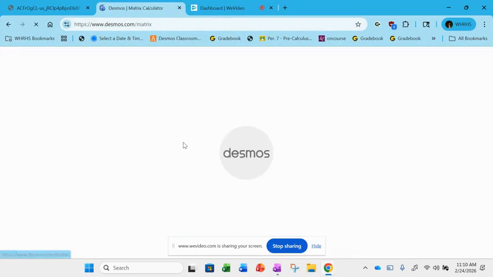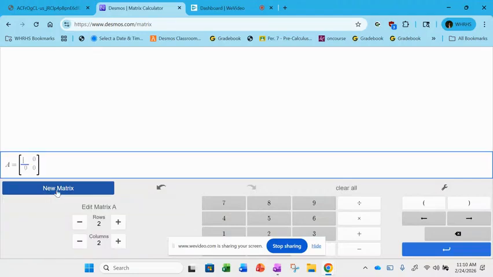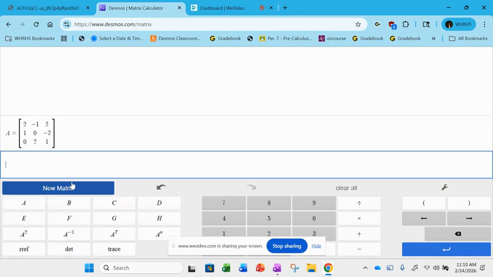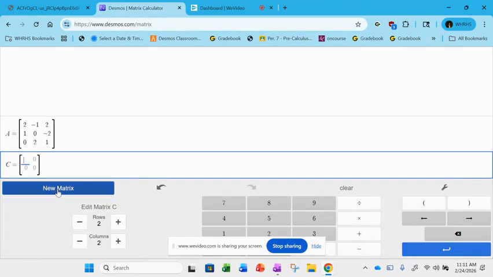So we go to matrix calculator. We're going to first type in our matrix A, which is a 3 by 3. And then I'm going to type in matrix C, which is our solution matrix, which is a 3x1.